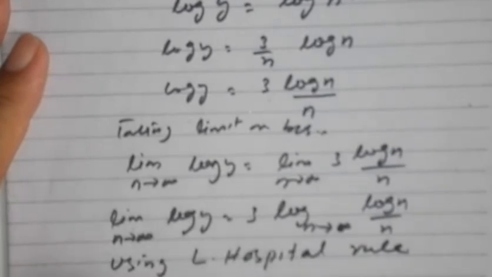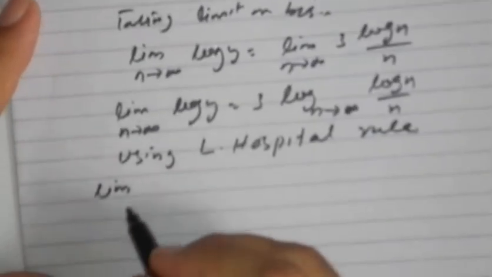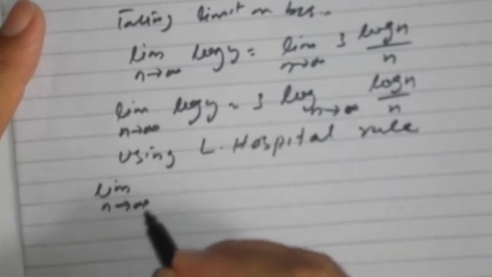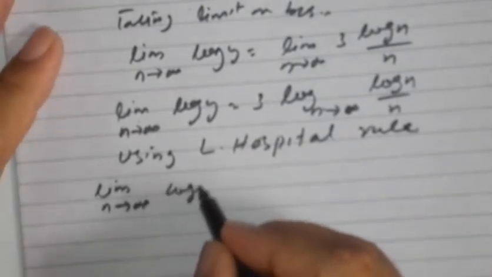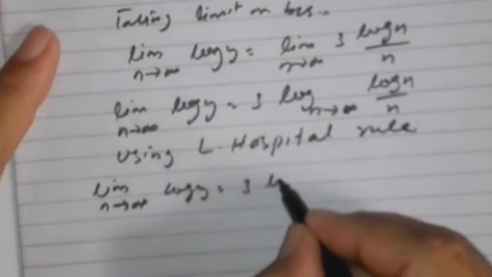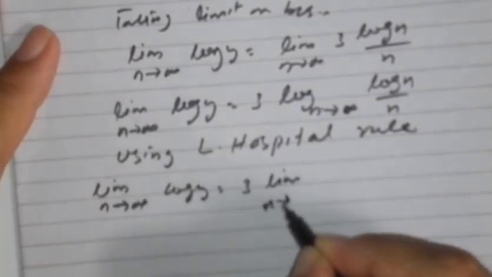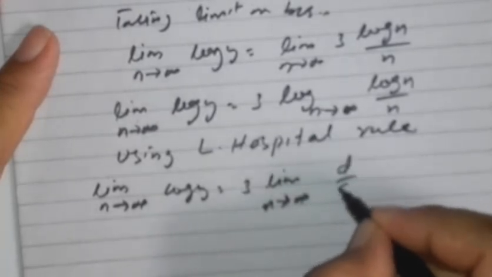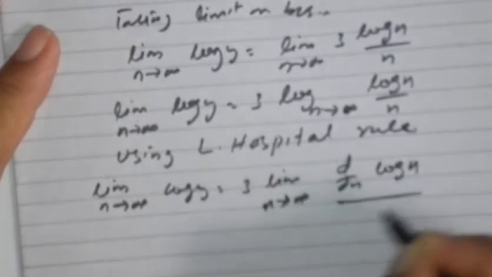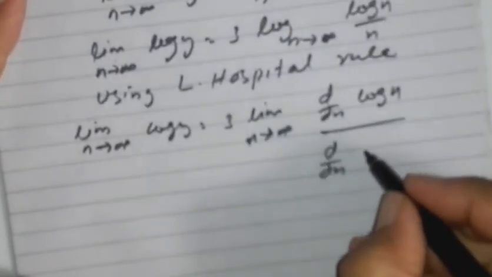Applying L'Hospital rule, limit n tends to infinity log y equals 3 limit n tends to infinity d by dn of log n divided by d by dn of n. This is called L'Hospital rule.